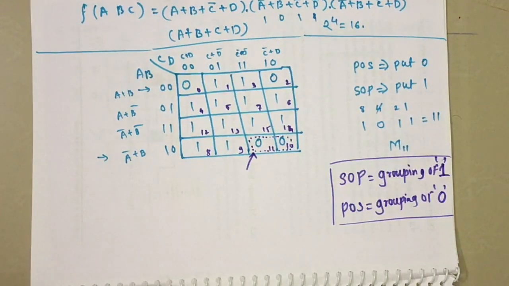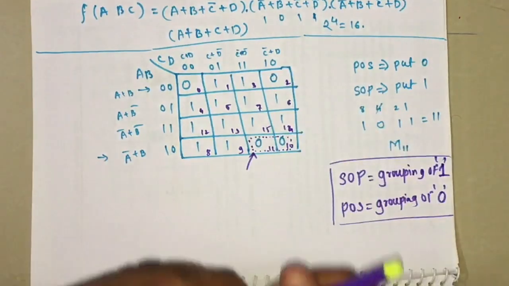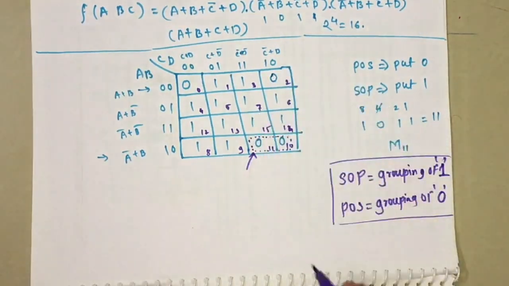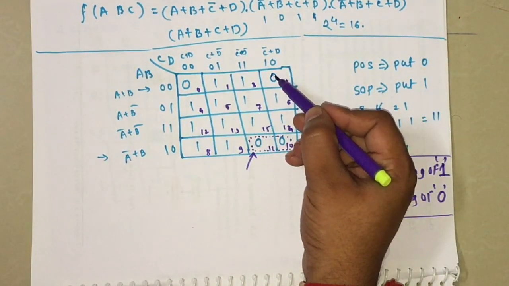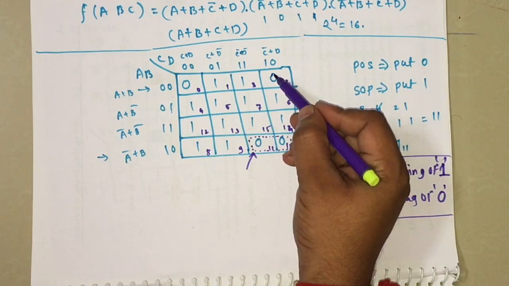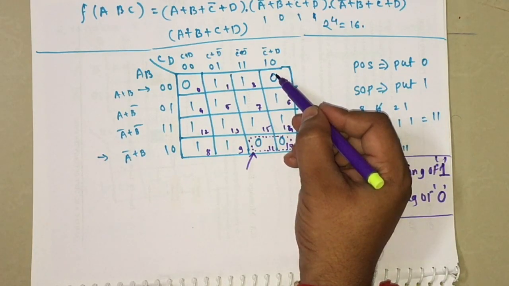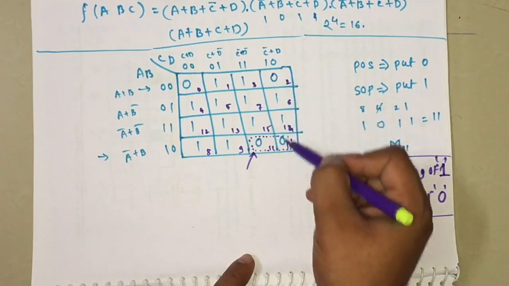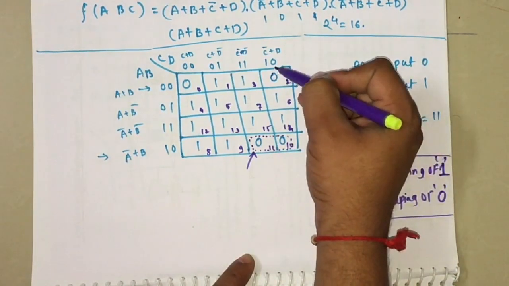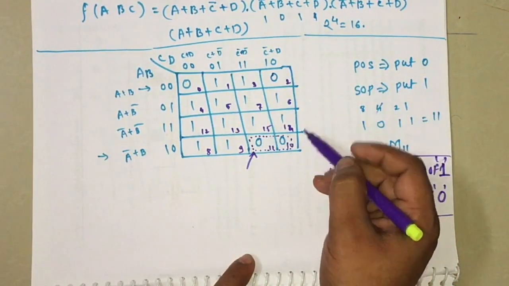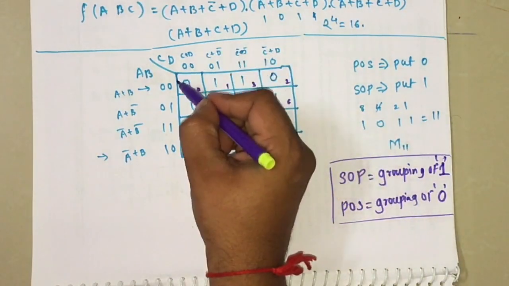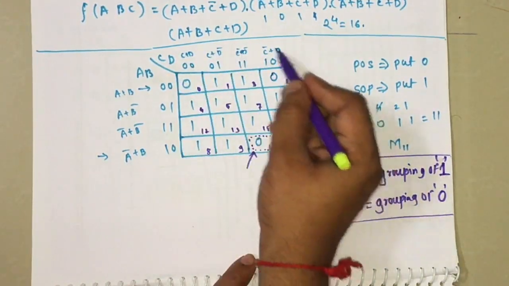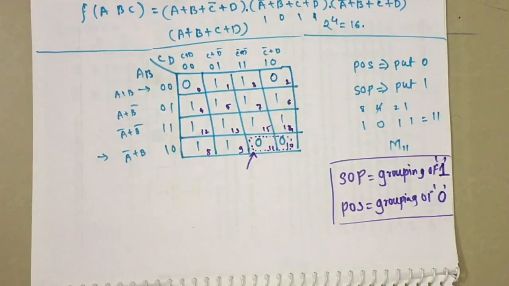Then consider this 0. There are two zeros adjacent to it. This 0 is adjacent to that 0 externally, and this 0 is also adjacent to another 0 externally. But which one do we have to select in this case?